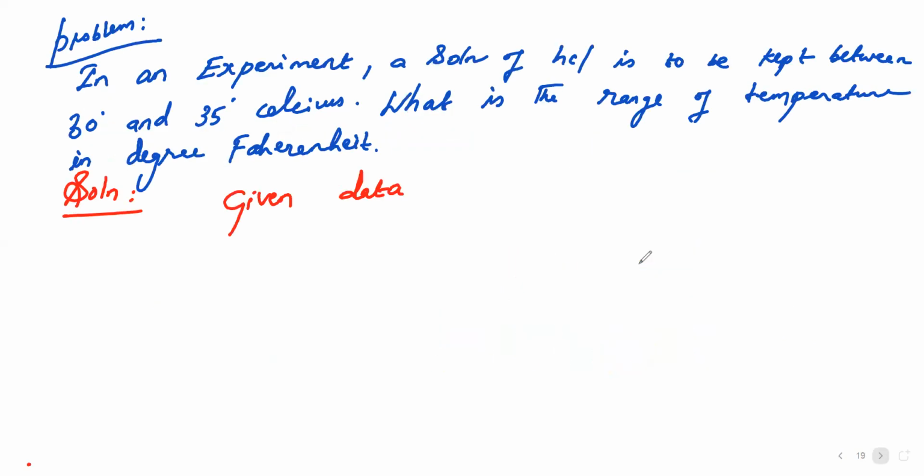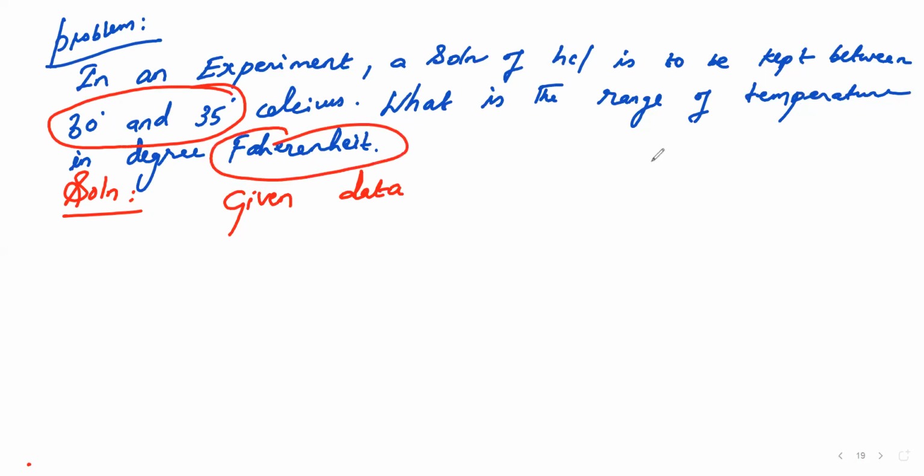In an experiment, a solution of hydrochloric acid is to be kept between 30 degrees Celsius and 35 degrees Celsius. What is the range of temperature in Fahrenheit? What's the formula for Celsius to Fahrenheit, 5 by 9 (F minus 32) or 9 by 5? I always have confusion.